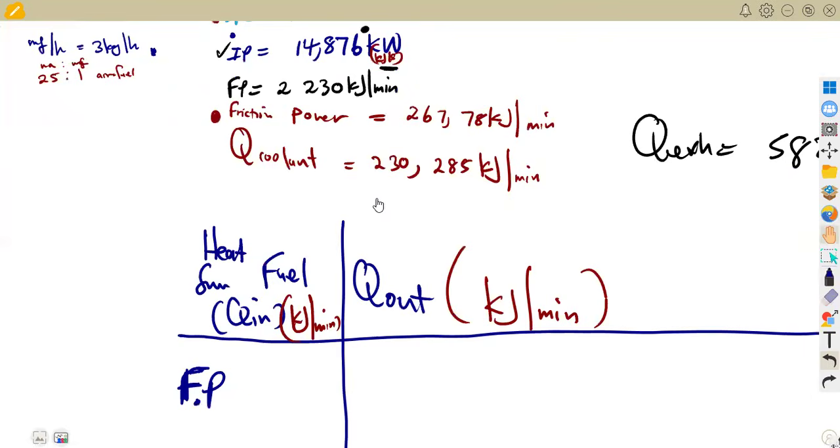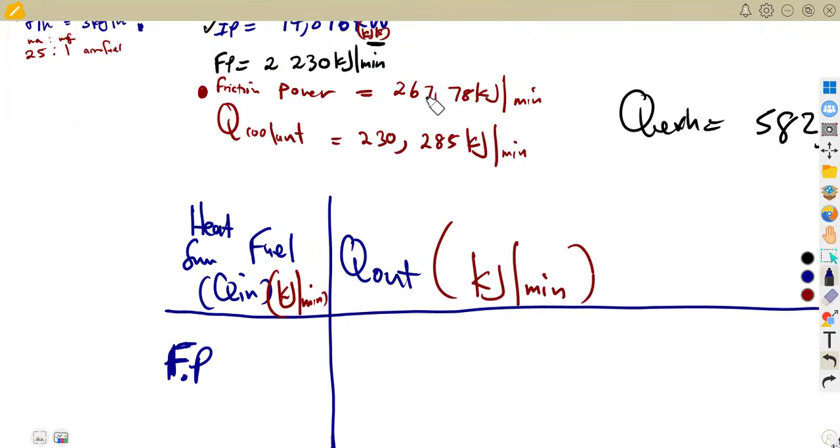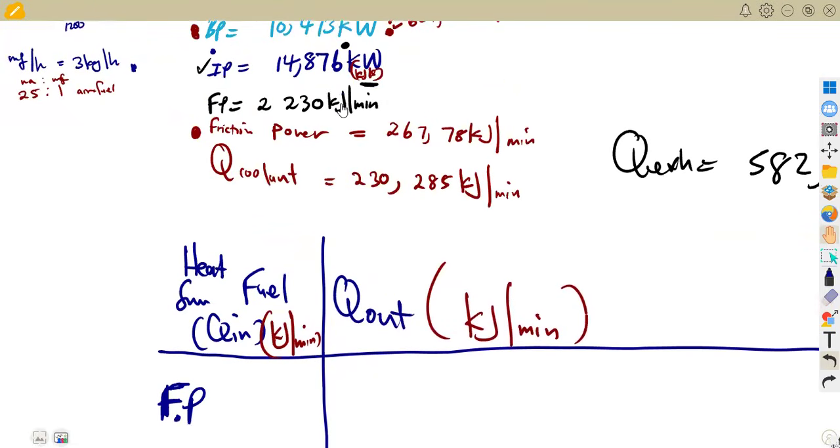It's kilojoules per minute already. That's our fuel power. So this is equivalent to 2,237. Already it's in kilojoules per minute.